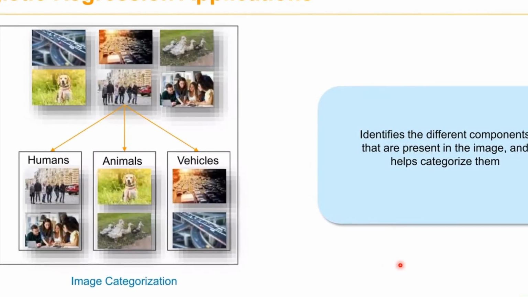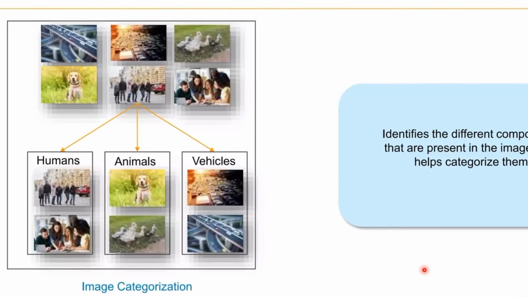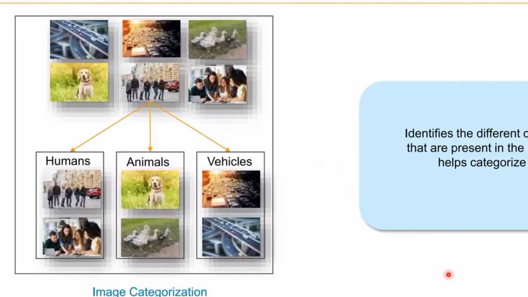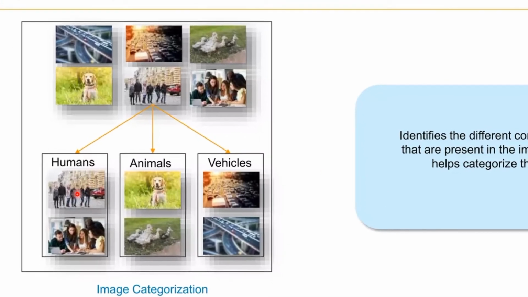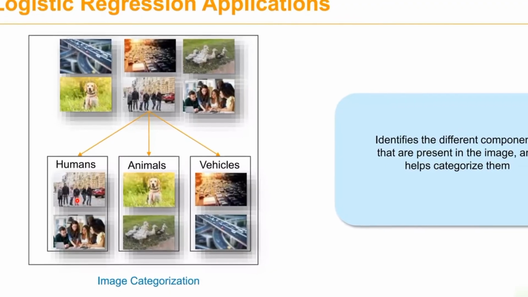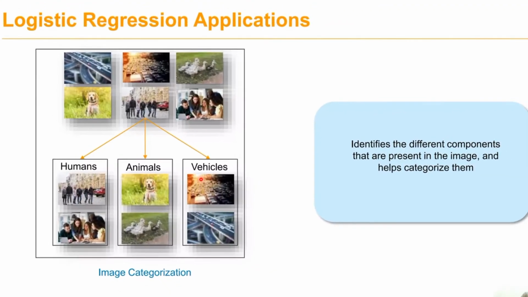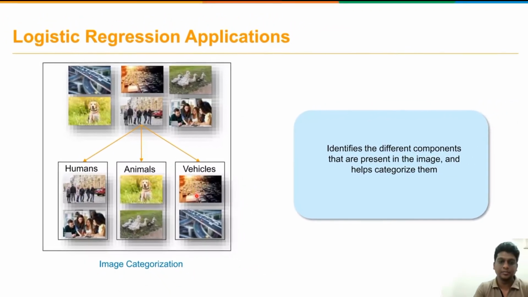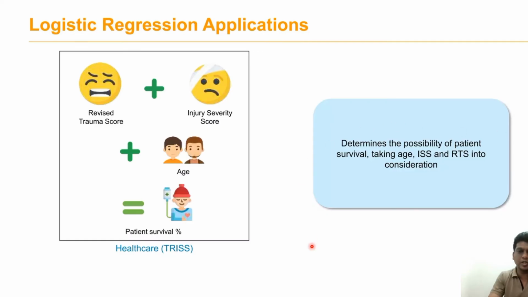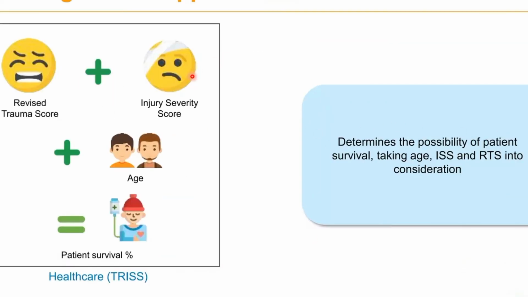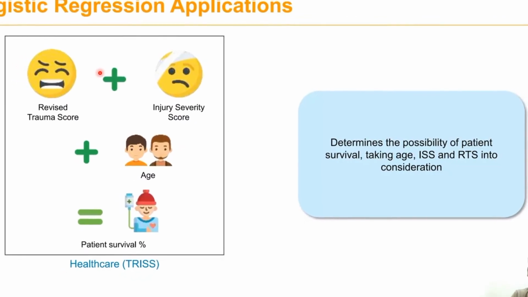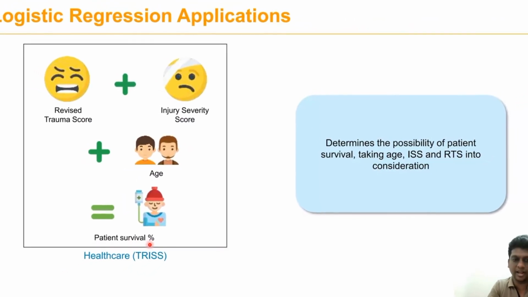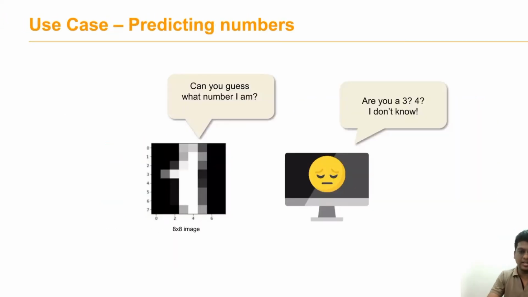If a picture combines humans, animals and vehicles, it can help to categorize them into separate segments: humans, animals and vehicles. In medical applications it is also useful. For example, based on the injury severity, age and previous trauma, we can determine the survival rate of a patient.